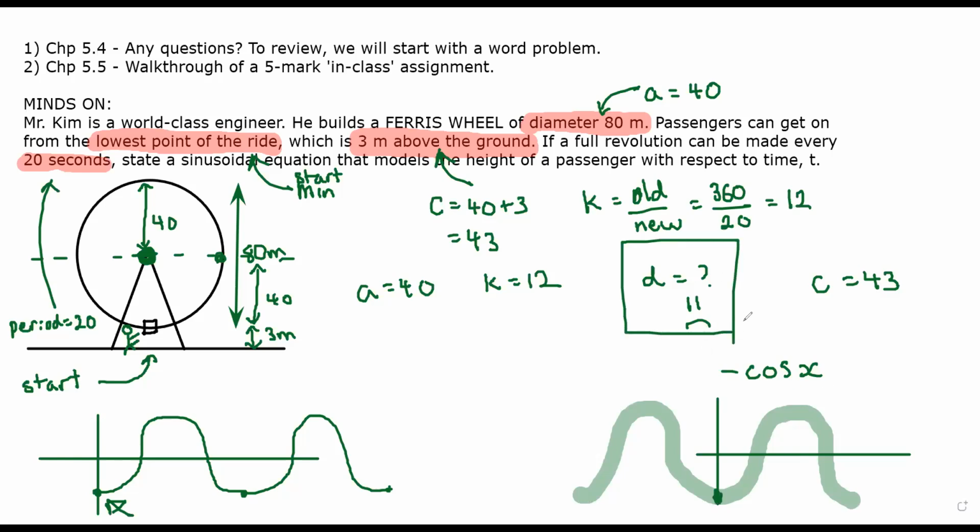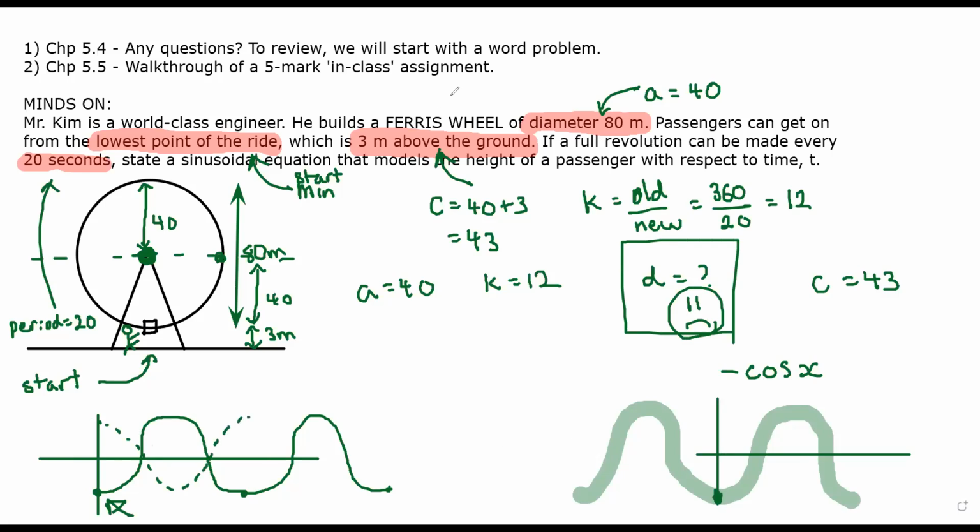So long story short, this d-value could be more than one number as long as it makes sense. This is why you're going to have to think about it. It is not something you memorize. You have to have a bigger understanding, a larger picture of this, at least in my opinion. So I'm going to be crafty. I'm going to pretend I recognize that this is a minimum, which is a vertical reflection from a maximum.